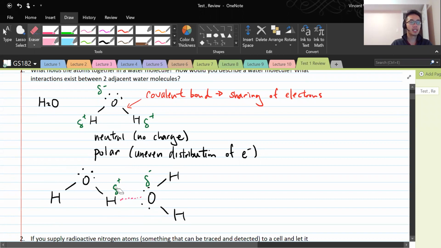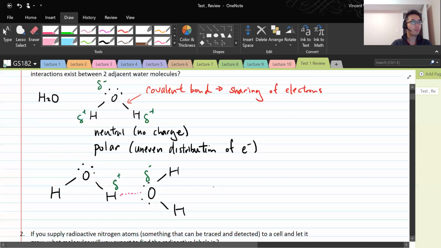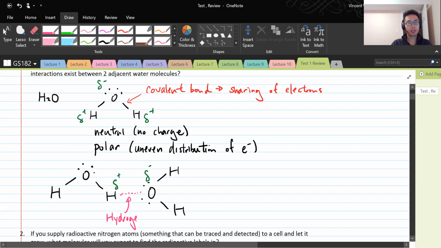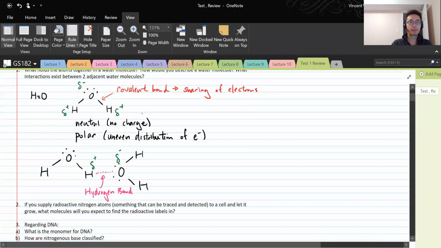Okay, so this force is called, anybody know what that is called? This interaction between two water molecules. No? Okay. That's okay. This is the hydrogen bond. Hydrogen bond is an interaction between two molecules. Okay, we'll see hydrogen bond again later on, but that's basically what water is. Okay.